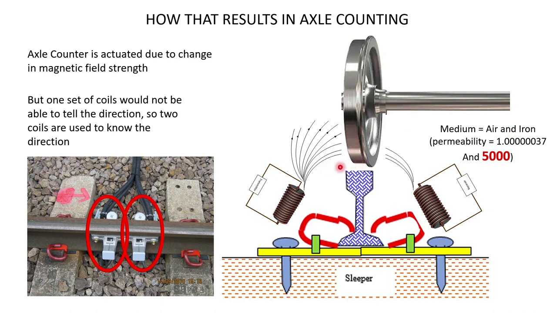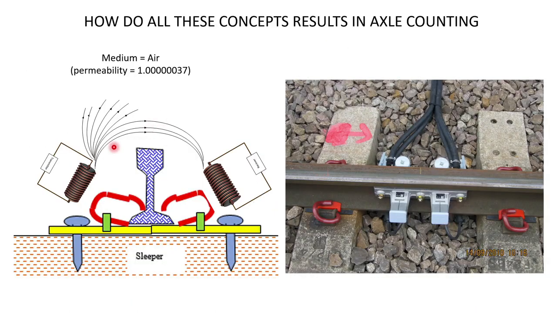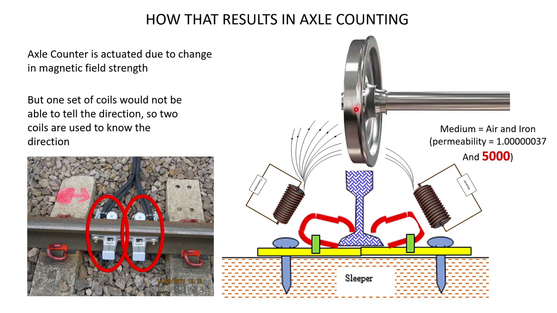That means the magnetic field lines are getting much more support to go from the transmitter to the receiver, and that's exactly what the axle counter records. It's the difference between your normal scenario where you have just air and when you have a wheel passing over, where the magnetic field lines become much stronger, and where the magnetic coupling becomes the highest.